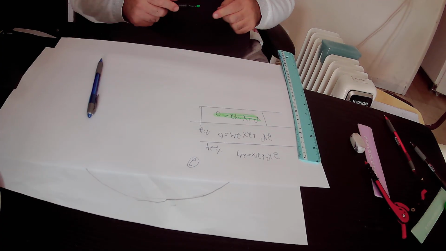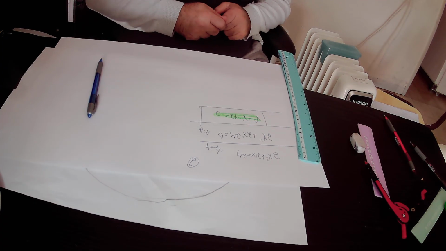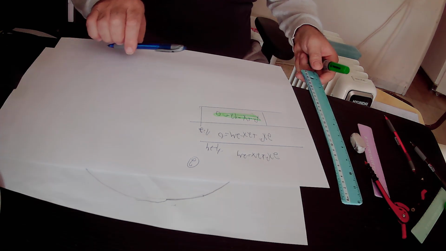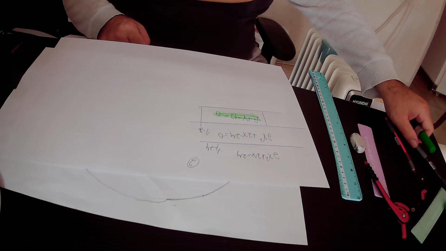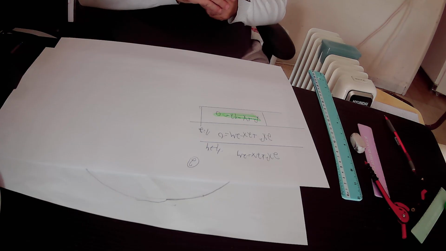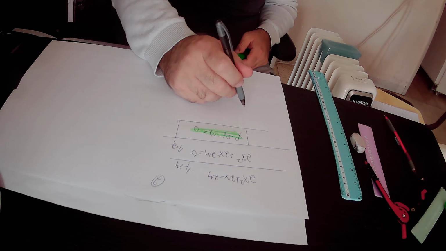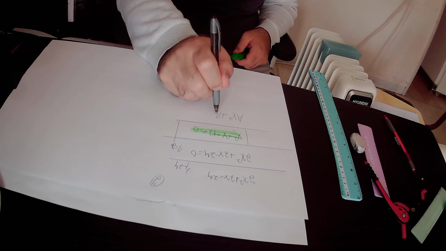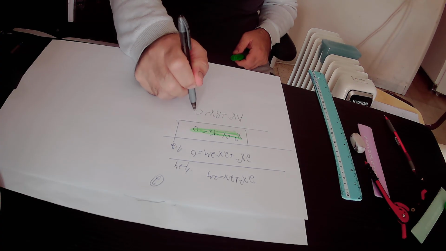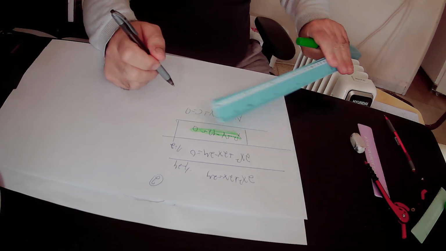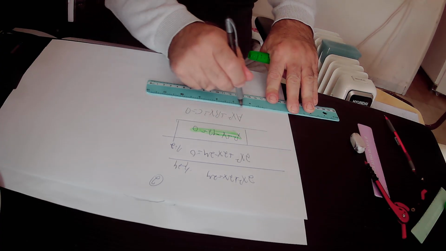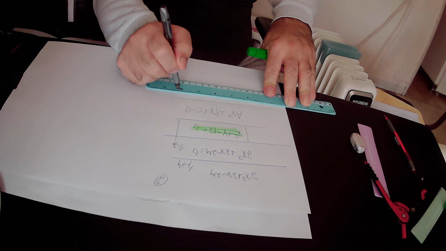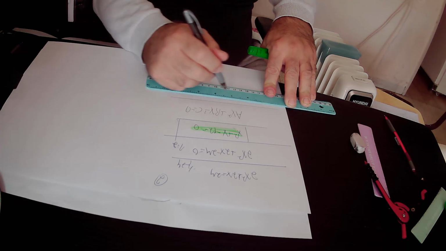So actually, this is a quadratic equation, and the general formula for a quadratic equation is as follows: ax squared plus bx plus c equals 0. In this general formula, a, b, and c are the coefficients of this quadratic equation, and x is the variable that we are looking for.